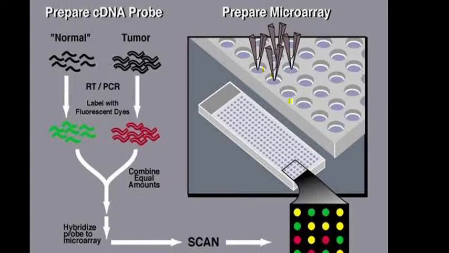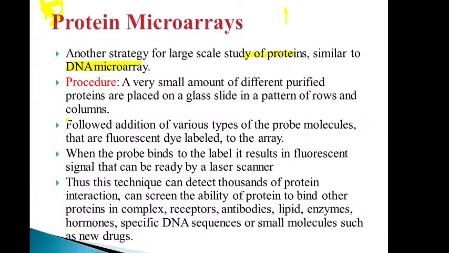So this is a slide, and we are putting it in a manner of rows and columns. They have small points in which we are adding our protein, followed by the addition of various types of probe molecules that are fluorescent dye labeled to the array.